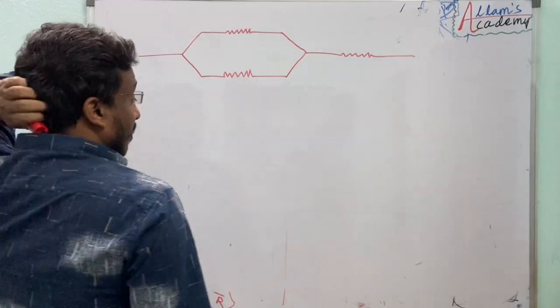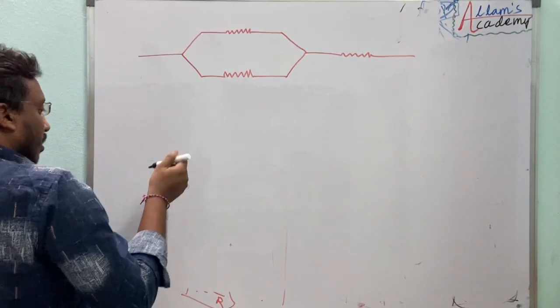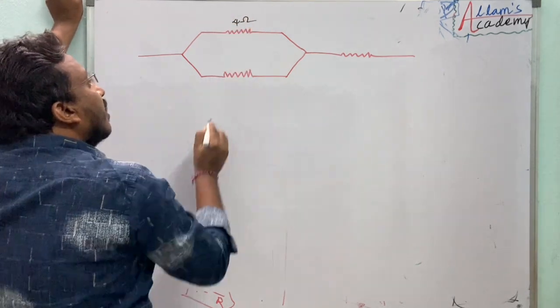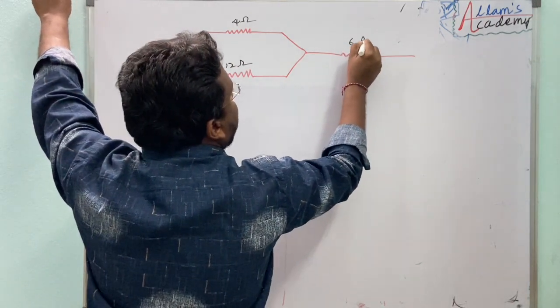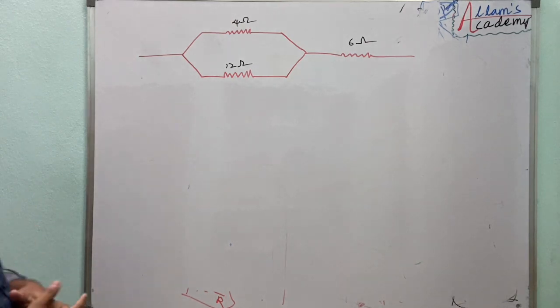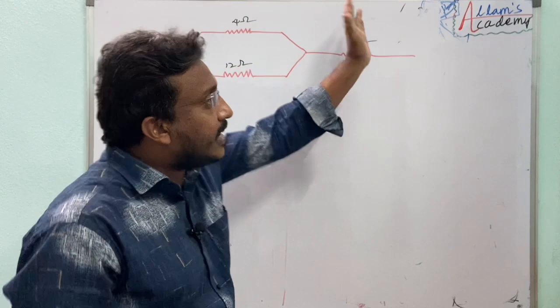Here, this is given as 4 ohms, this is given as 12 ohms and this is given as 6 ohms. Find the effective resistance of this given circuit.